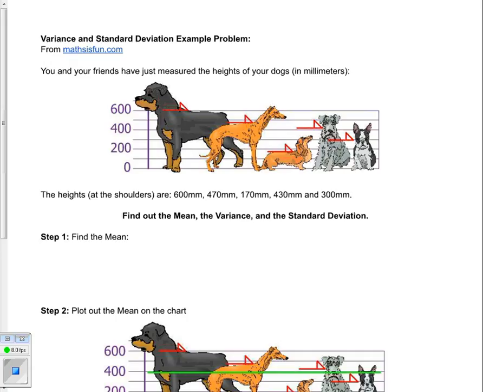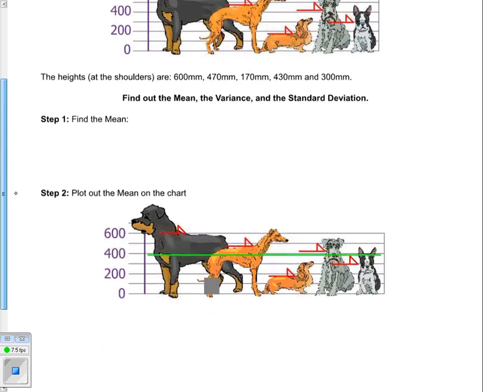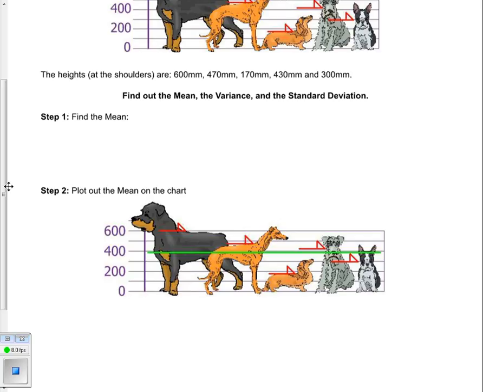We'll start by figuring out what the mean of all of these dogs put together is. Again, the mean is the average.